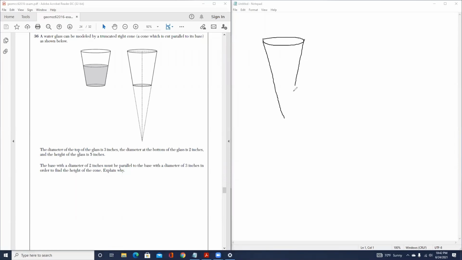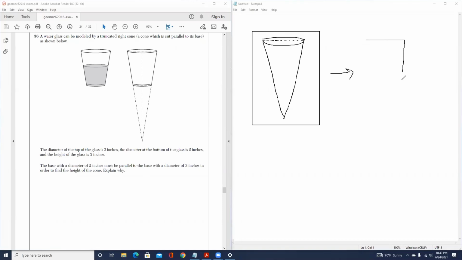If you have a cone like this, and you have a rectangle that slices that cone in half, you will get a triangle as its base.